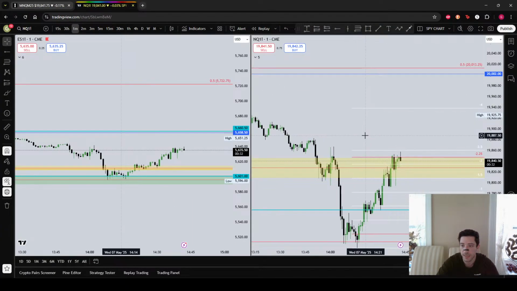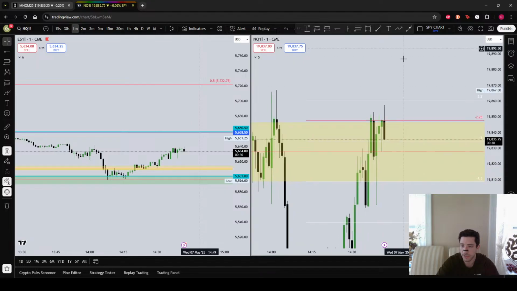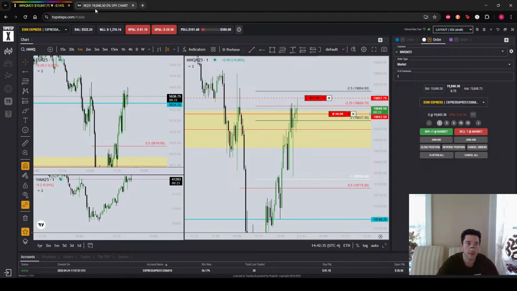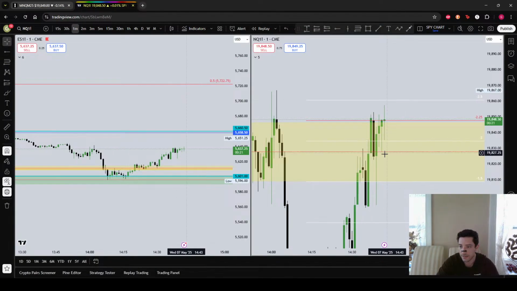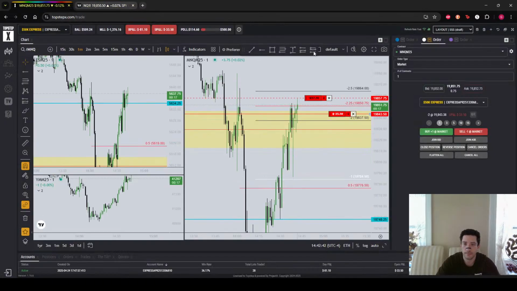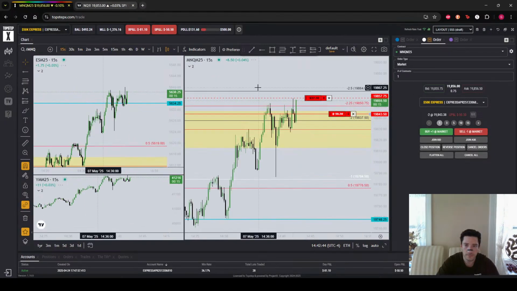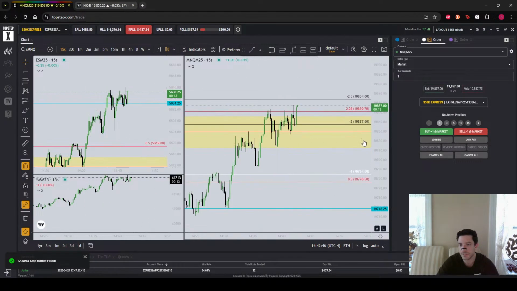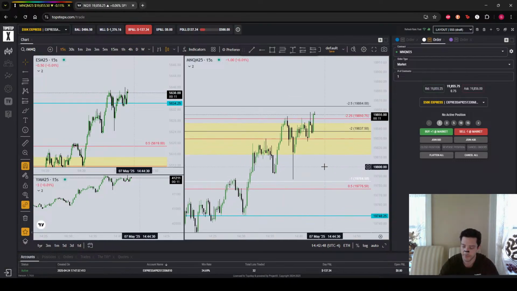If you switch to NQ, which I'm looking at on the other side of my screen, look how bodies are still respecting this space, so I'm giving it a chance. Although, quick second look, I don't like this 1 minute low. Yeah, taken out again. So that's fine. I'm just going to play cool for now.